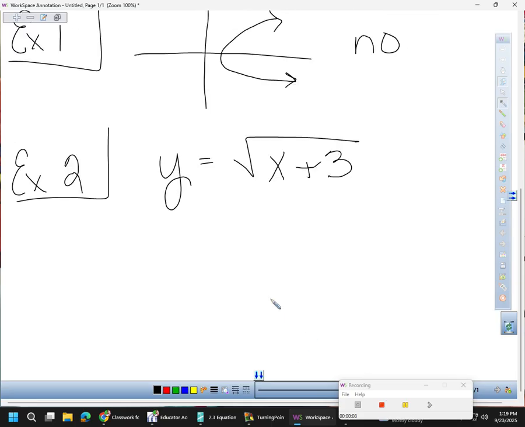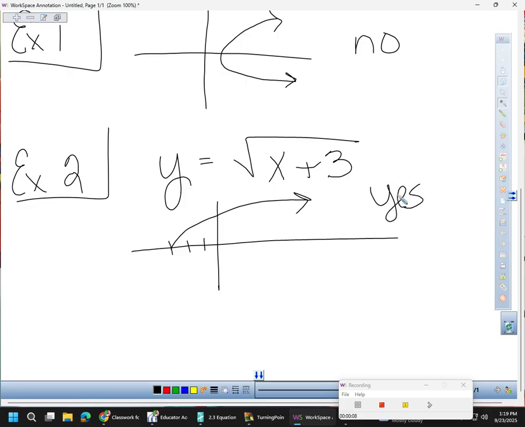So if you were to graph this, it goes over 3 this way and does one of these deals. Is that a function? Yes, it is. Very good. All right, so what we just did is what you have to do for the first few. Piece of cake, right?